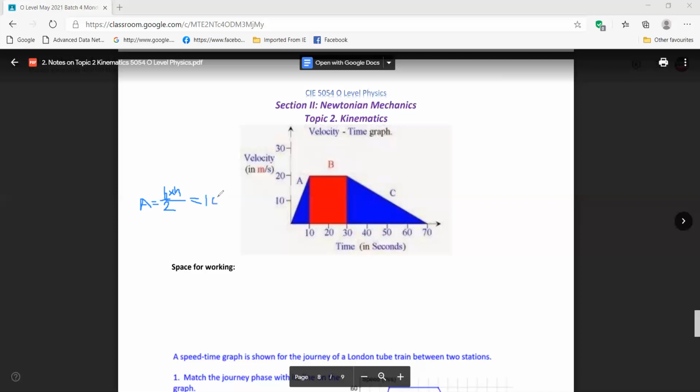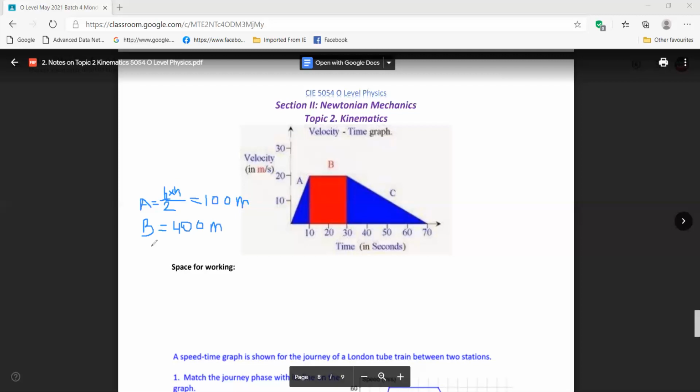Then for part B, how much? So for part B, we will get 20 into 20, which is equal to 400 divided by 2, equal to 200. Why 200? It's the area under the graph, a rectangle, right? Sorry, sir, I did that mistake. So it will be 400 only.